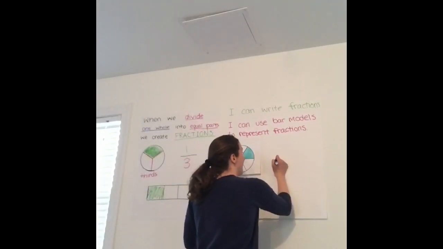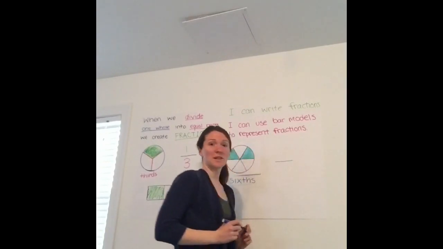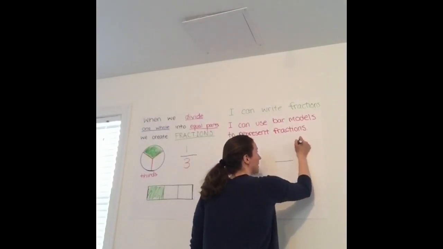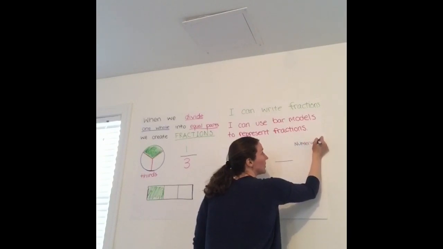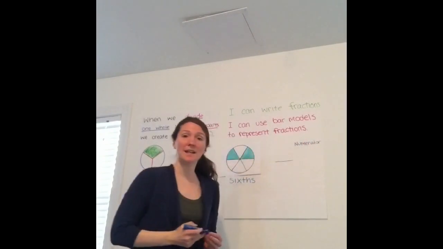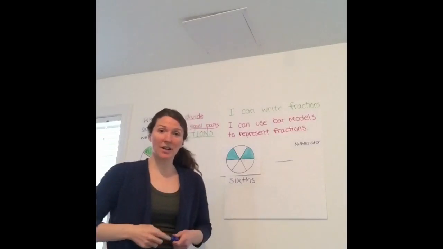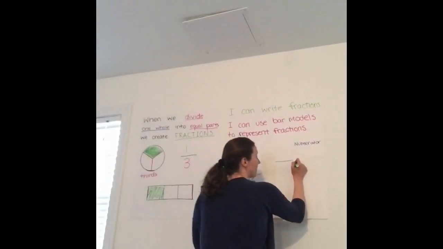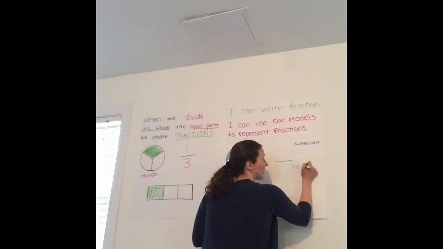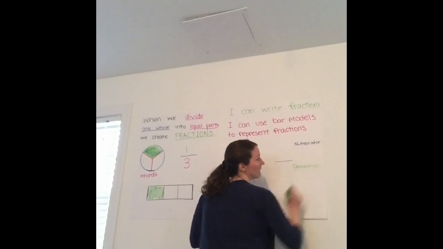All right, the numerator goes up north, up on the top. This is the numerator. The numerator tells you how many equal parts are colored in. The denominator is going to go down on the bottom. Denominator, that tells you how many equal parts the whole was divided into.